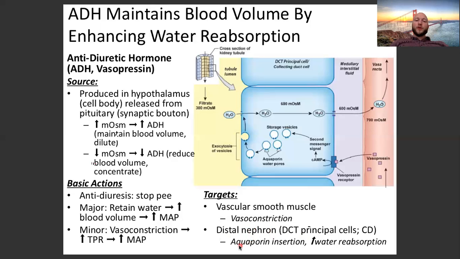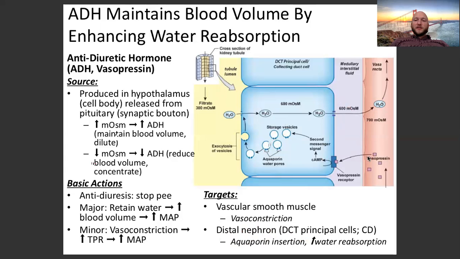So aquaporin, aqua refers to water, porins like a pore, like a hole. So it puts more channels for water to move through in these principal cells, which allows more water to flow back into our bodies.